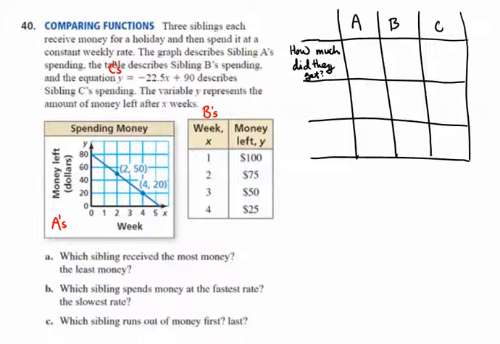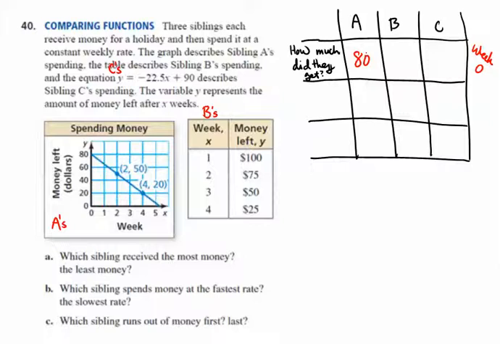So how would we find out how much they got? We need to look at week 0, that is, when x is 0. For A, we can see that they received $80. For B, we can't tell how much B got.